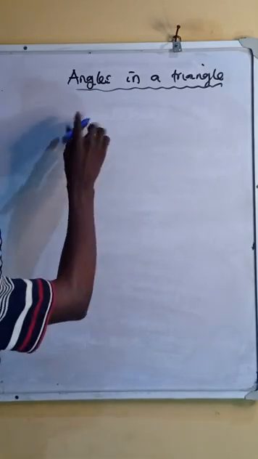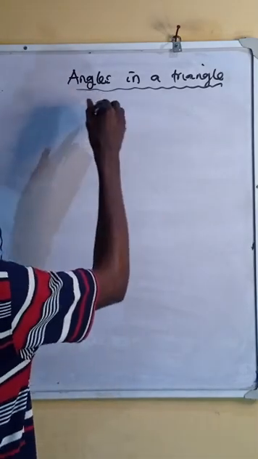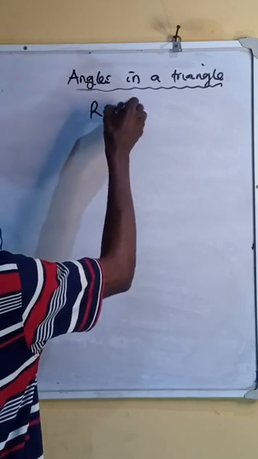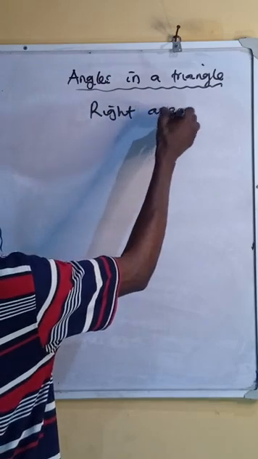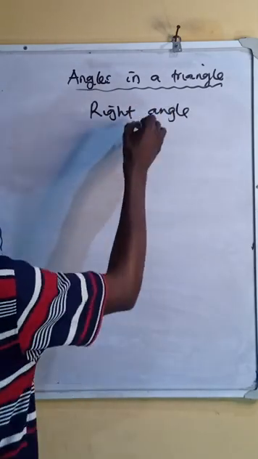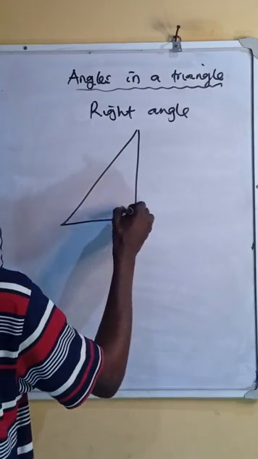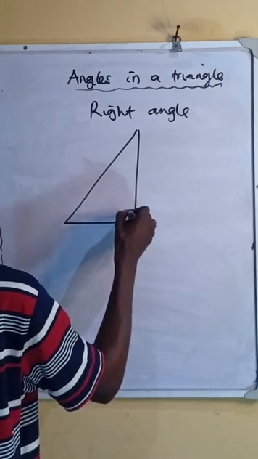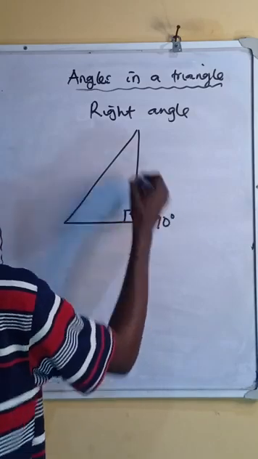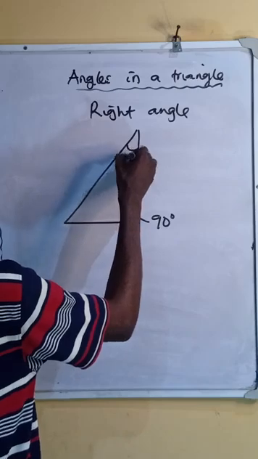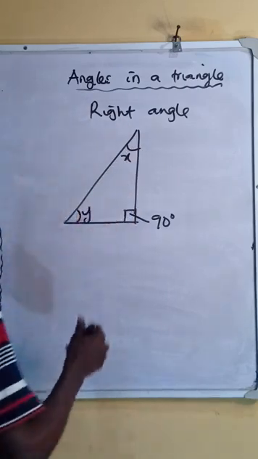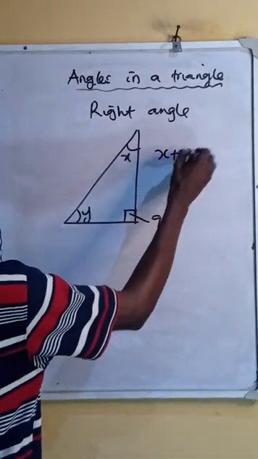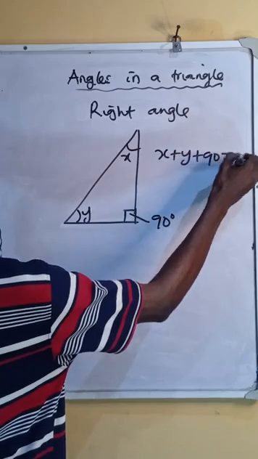Another type of triangle that is also very important is the right angle triangle. Whenever you are dealing with a right angle triangle, already notice that here is 90 degrees. So if here is x and here is y, x plus y plus 90 is 180.